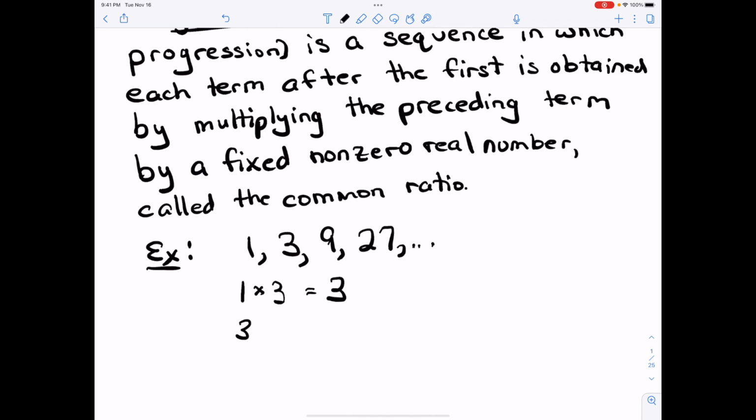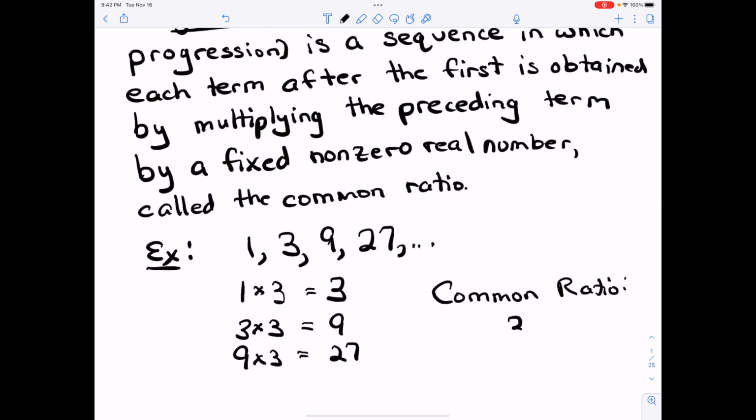If you take 3, multiply by 3, you get the next term, 9. If you take 9, multiply by 3, you get the next term, 27, etc. So the common ratio here is 3. That's what you're multiplying by. So the first term was 1. A sub 1 is 1. Common ratio is 3.